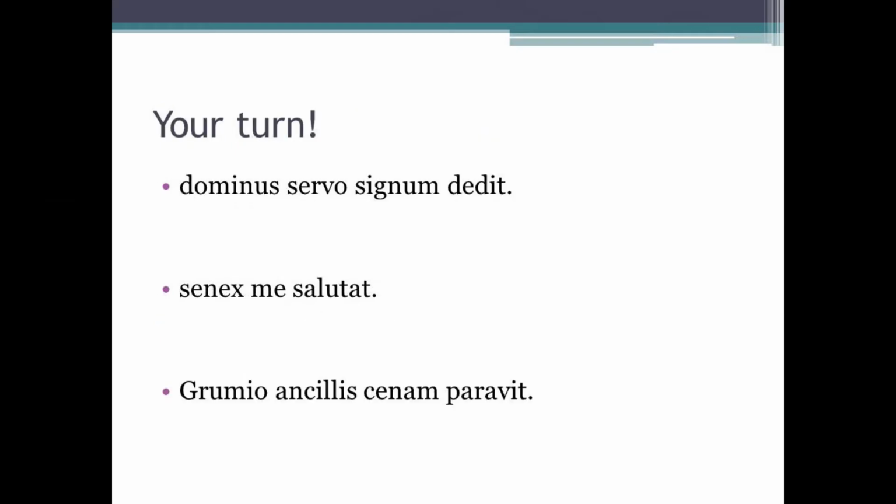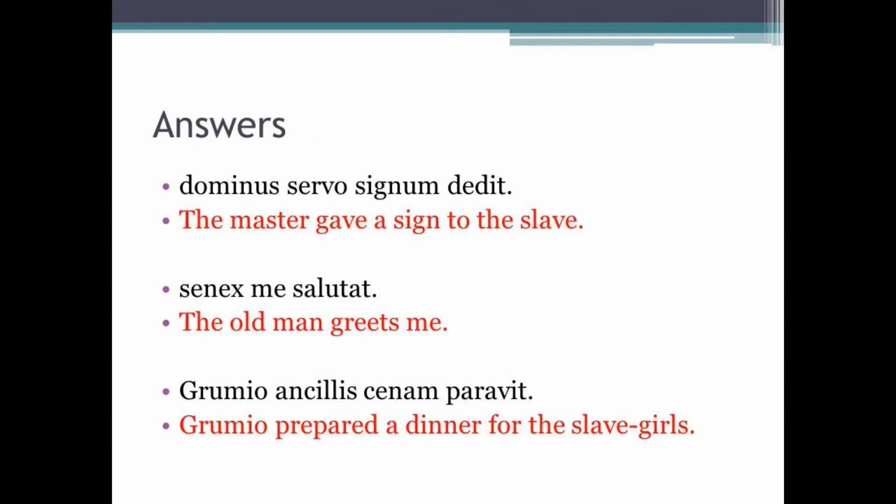Okay, so I now want you to have a go at translating the following sentences on this slide. So pause the video and have a go at those. Okay, let's go through the answers. Dominus servo signum dedit. The master gave a sign to the slave.